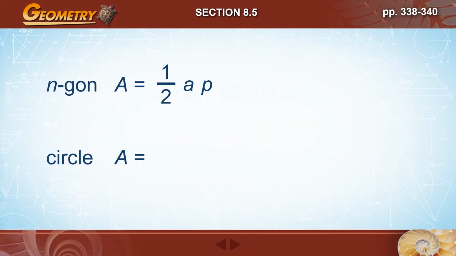Remember from the previous lecture that for any polygon, an n-gon where you put in however many sides there are, the area equals 1/2 times the apothem times the perimeter.